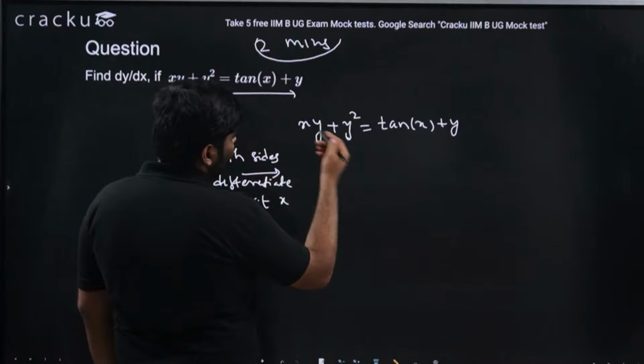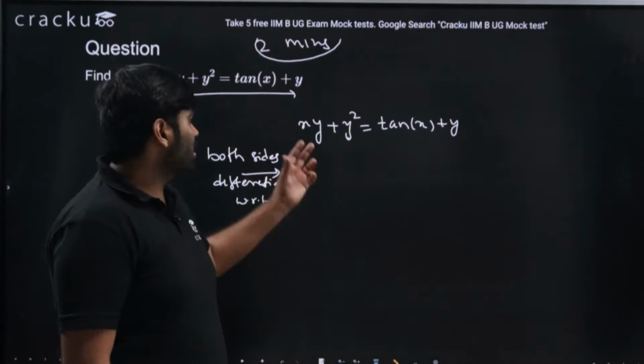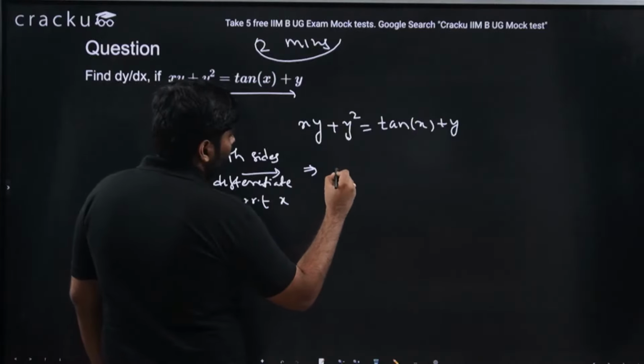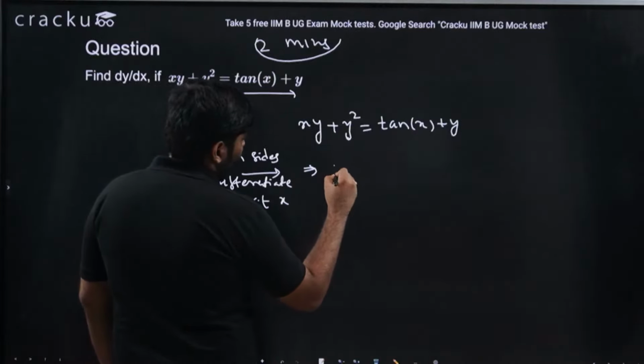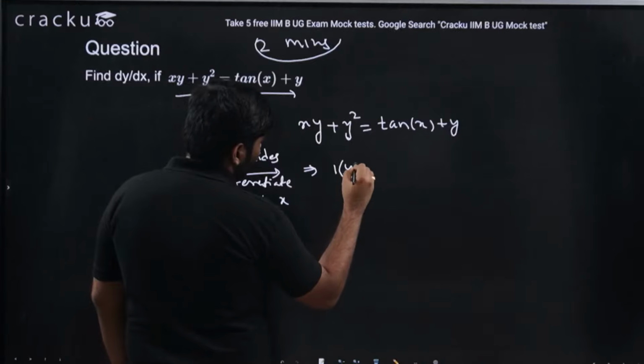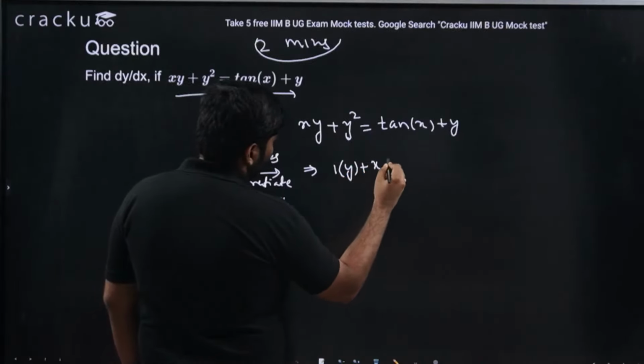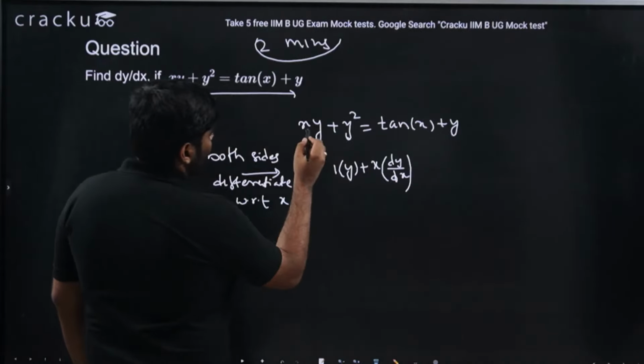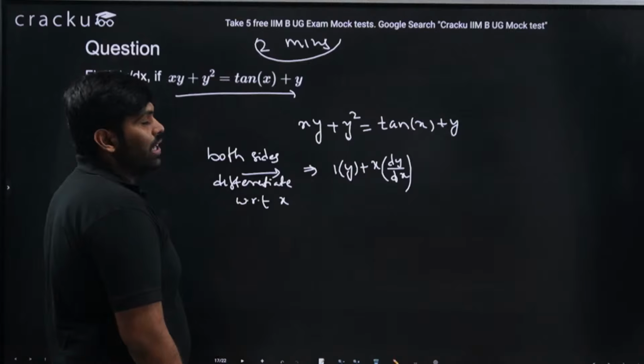What will come then? The first term is xy. Differentiation with respect to x gives me 1 into y plus x into dy by dx, because I am applying the UV rule. xy is a UV.